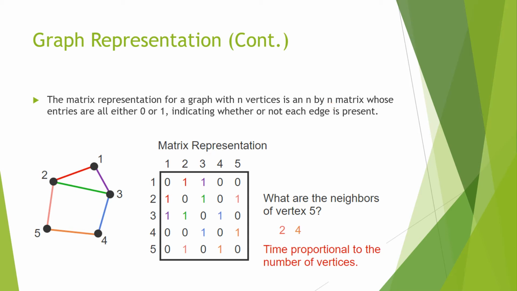The entries of this matrix are either 0 or 1, indicating whether or not each edge is present in the graph. For example, there is no self loop from 1 to itself. Therefore, the entry in the first row and first column is 0. 2 is connected to 3 by an edge.